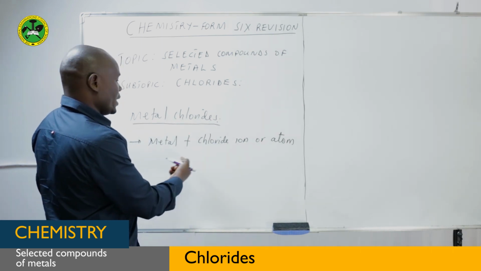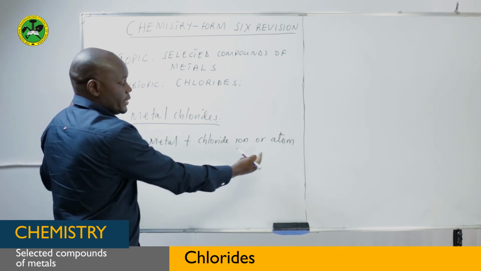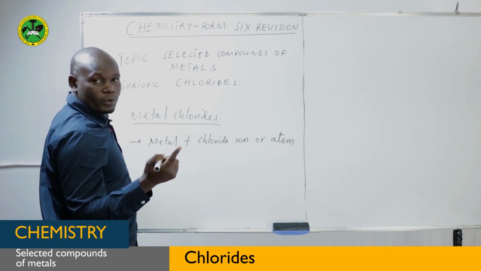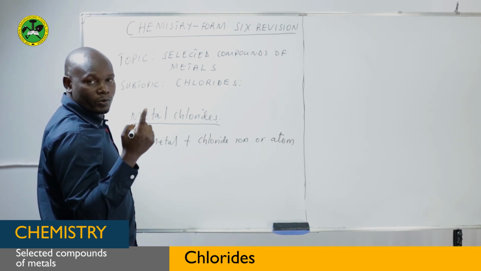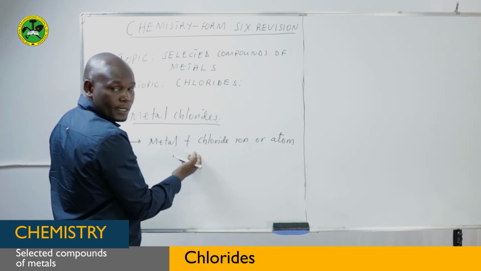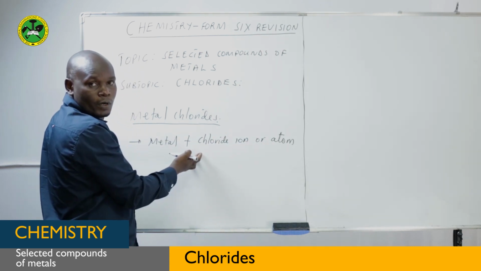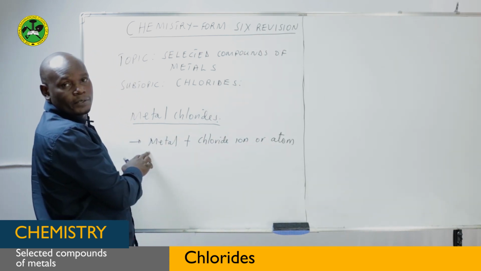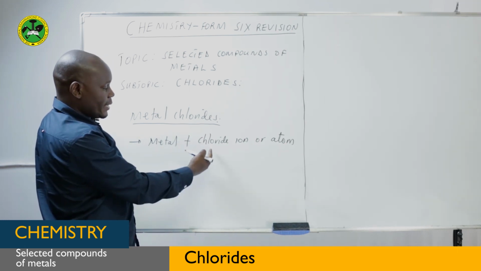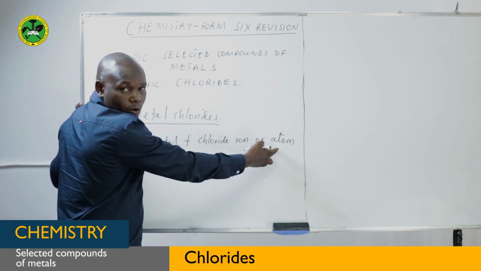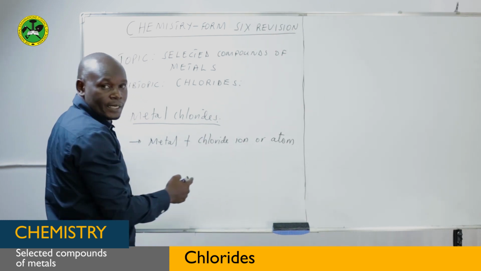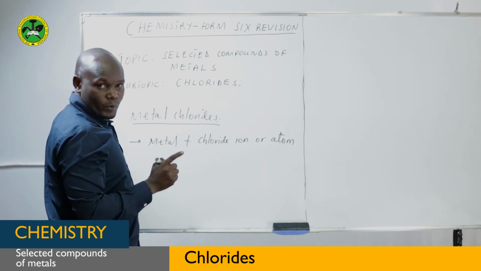Since we are talking about chloride ions or chlorine atoms, here is where we can find the two methods of preparation of metal chlorides. When a metal combines directly with the chlorine atom or chlorine molecule, the resulting compound is the metal chloride, but that is the direct method of preparation.